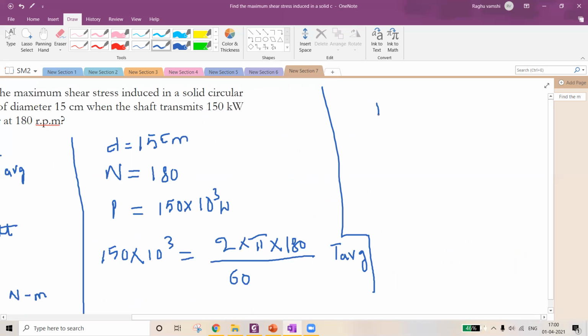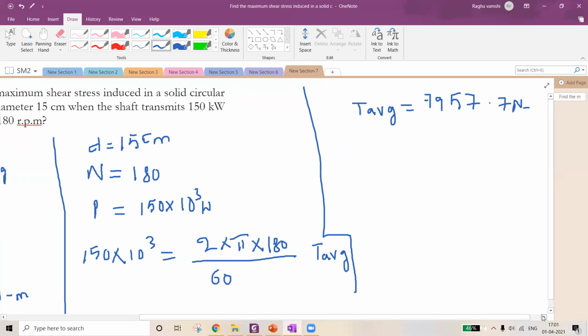Then T average will be 7957.7 Newton meter.